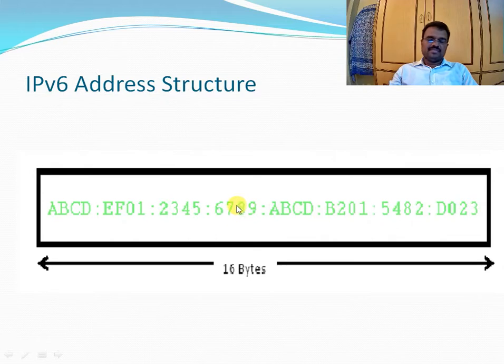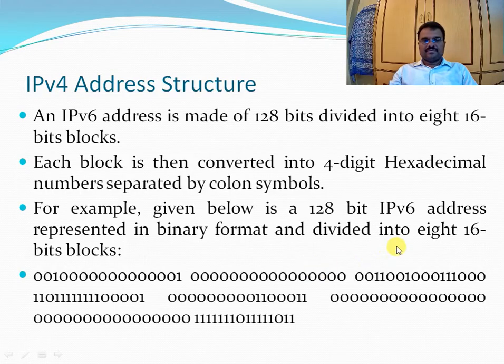IPv6 is represented in colon hexadecimal notation, whereas IPv4 representation is 32-bit dotted decimal notation. This is called colon hexadecimal notation, of 16-byte length, which is 128 bits in total.